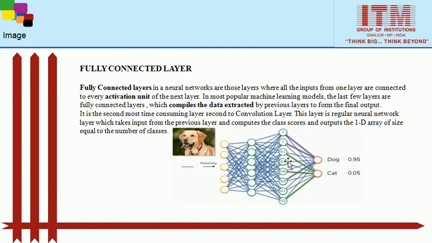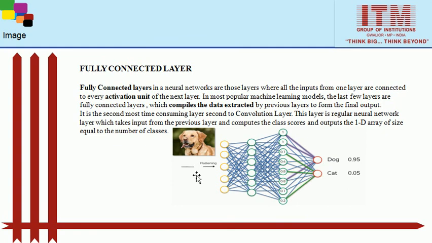From all these extracted important feature images, it will identify whether the image belongs to this category or to that category. It gives the output in the form of various classes. So whatever class percentage matches with an input image will become our answer.